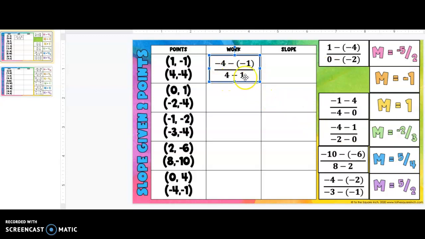And then we have 4 minus 1. So if I had, and I'm just doing this, you will do this on a piece of paper, but if I were to do that in my head, -3 over 3, that reduces to what? So don't fret if you don't see the exact numbers. This reduces to -1. So my answer is -1.